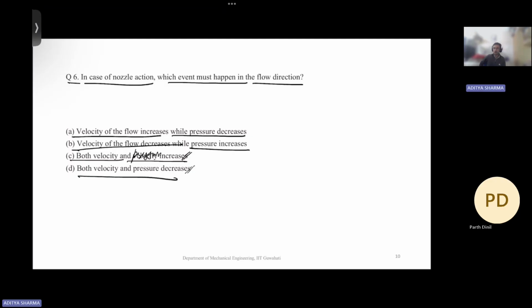If your pressure is increasing, your velocity will go down. And if your pressure is going down, we call it expansion. If your pressure is increasing, we call it compression. So if your pressure decreases, this is expansion also. And this is the correct answer to this question.